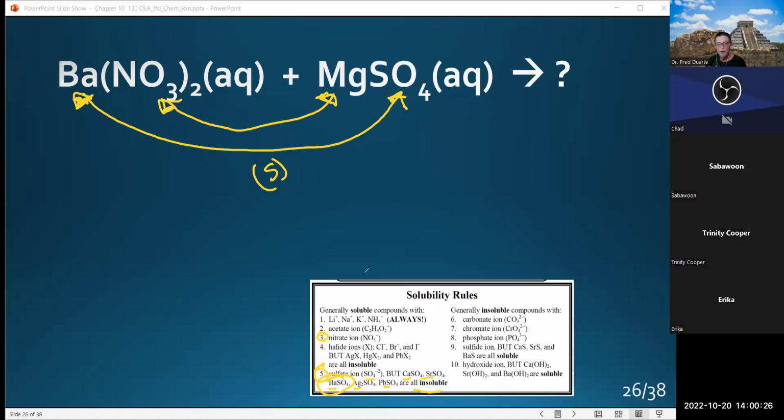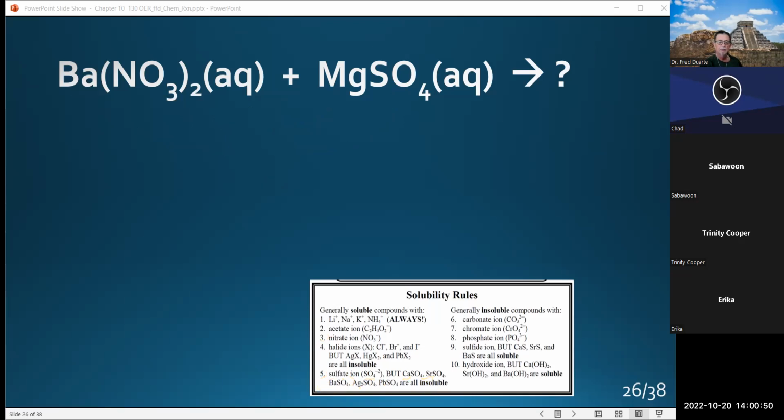And the nitrates, regardless of who they are bonded with, are always soluble. So I would put AQ here. If both of these were AQ, there would be no reaction. I don't go any further, I just write N on there. But we got one partnership there that is insoluble. So there is a positive reaction. So we can write the formula.